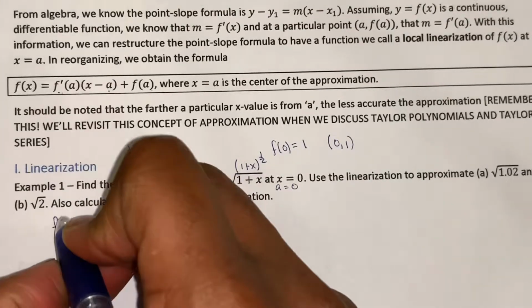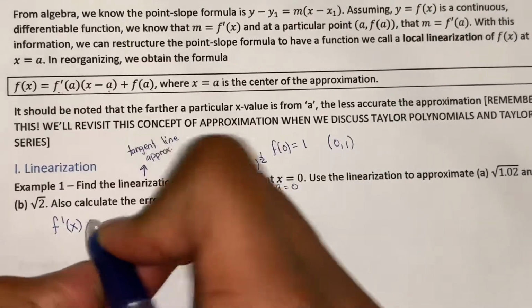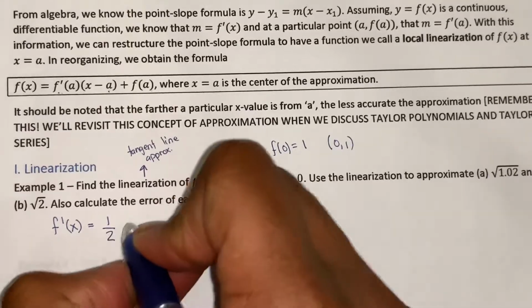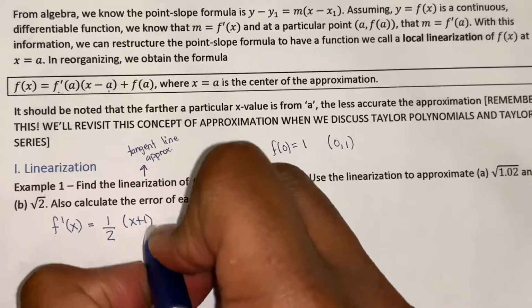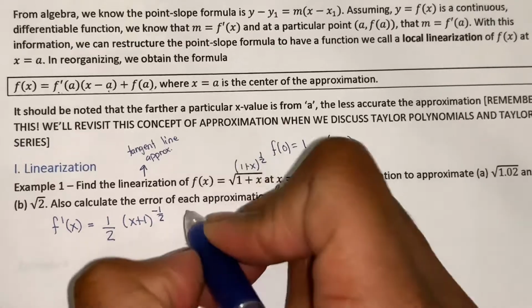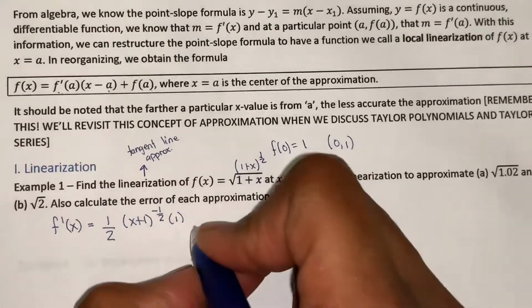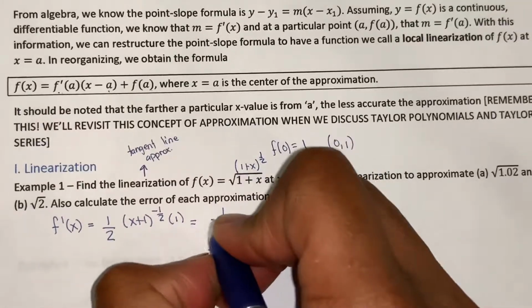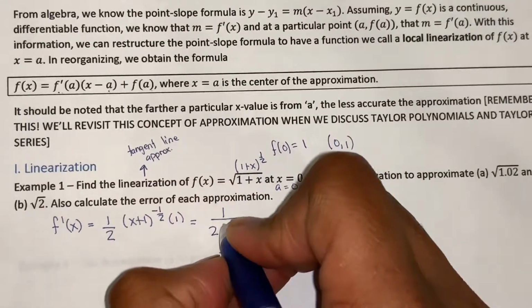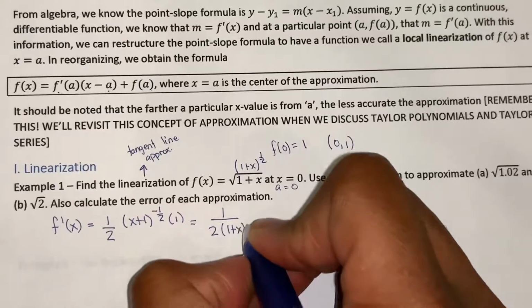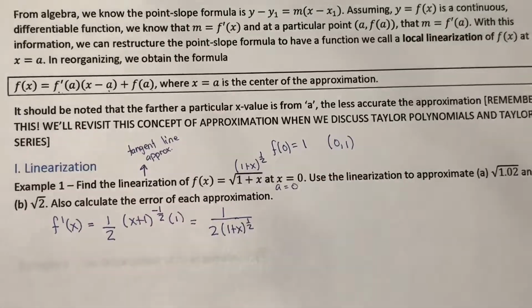So f prime of x equals 1 half times 1 plus x to the negative 1 half times 1, which if we rewrite is 1 over 2 times the square root of 1 plus x.